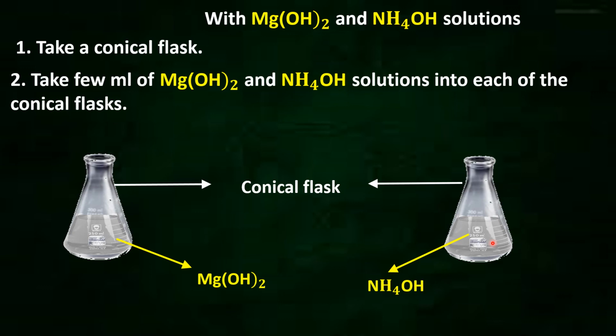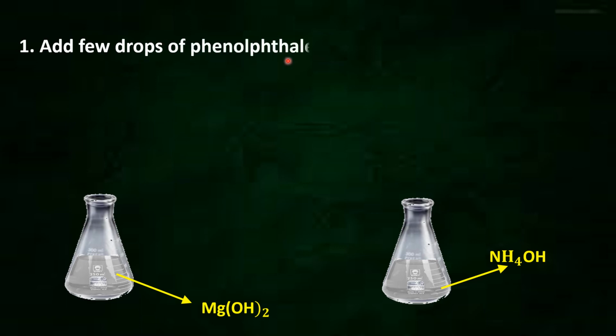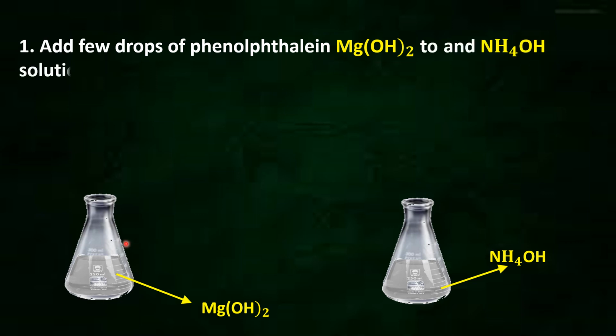Next, we have to test these solutions with methyl orange and phenolphthalein indicator. We'll test these two solutions with phenolphthalein indicator first, and later on we'll add methyl orange indicator. So we'll take a few drops of phenolphthalein to magnesium hydroxide and then ammonium hydroxide.